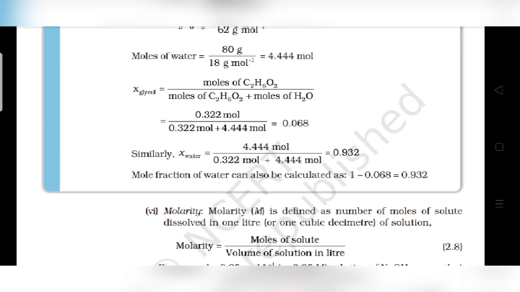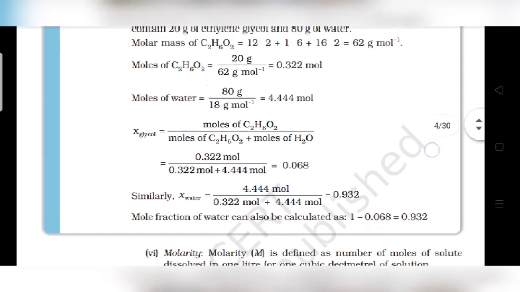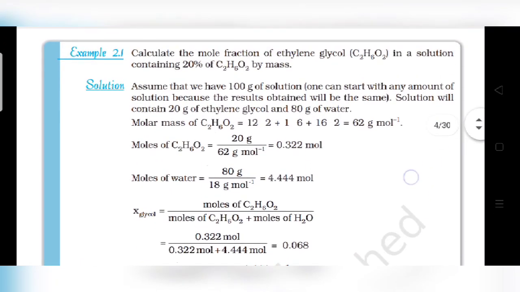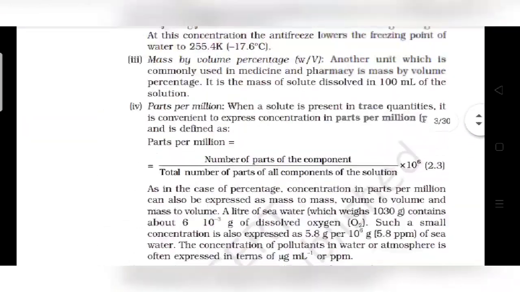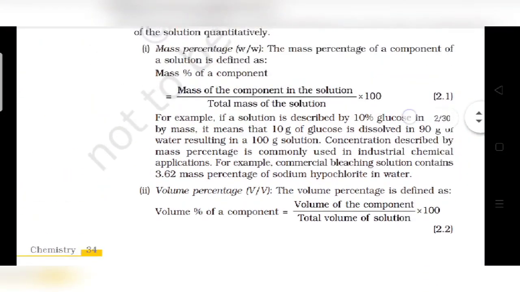Clear? Then you will get 0.932. Mole fraction of water can also be calculated as 1 minus mole fraction of glycol, that is 0.068, and you will get 0.932 as your mole fraction of water. Students, hope up till here the whole sum is clear to you, and the above discussed two topics, that is 2.1 and 2.2, are clear to you.